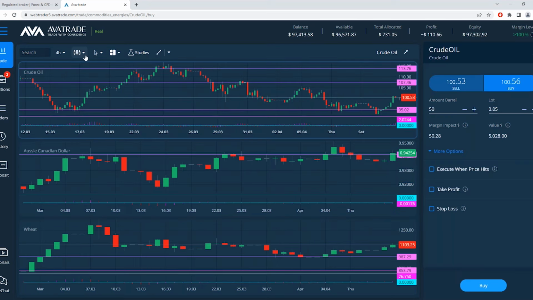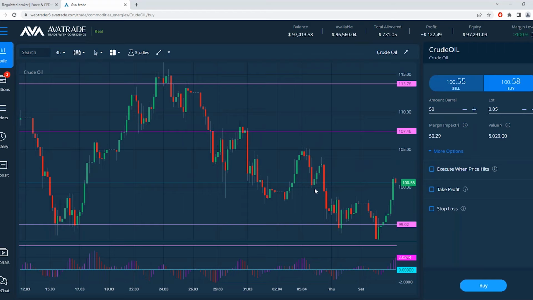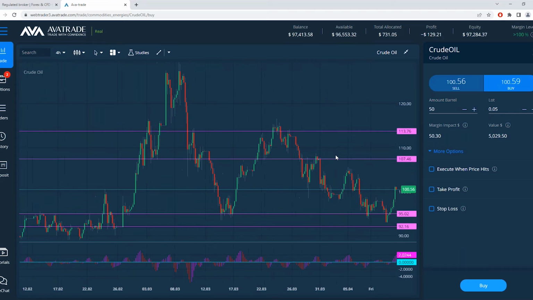There's 3 charts. Okay. Let's go back to the single chart because I just want to look at crude oil right now. But sometimes you want side by side to compare charts. And it's nice that this feature was added. Really helps when you have correlated instruments. Meaning if you think when crude oil goes up that the Canadian dollar should strengthen, you could have 2 charts next to each other to try and match up the movements.